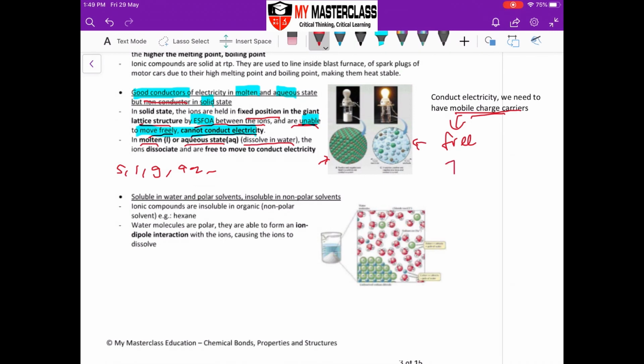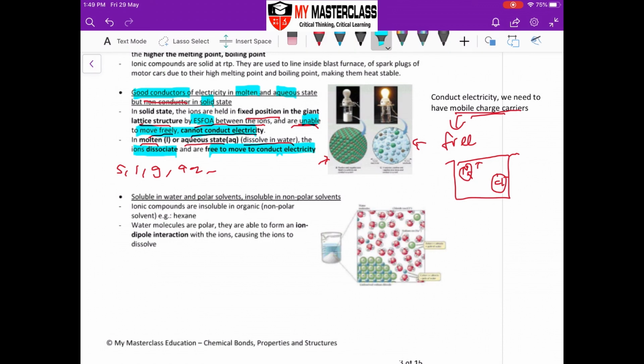If I put the NaCl in water, it becomes NaCl aqueous. The NaCl will split into Na+ ions and Cl- ions with water around them. Once it splits, we say that the ions dissociate and then they are free to move, so they can conduct electricity.